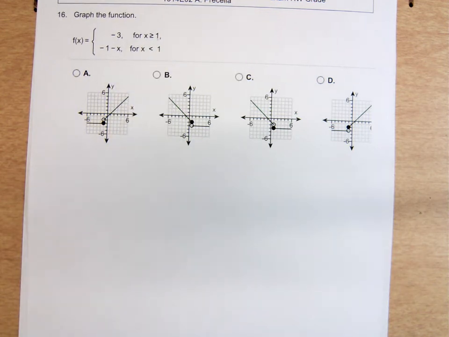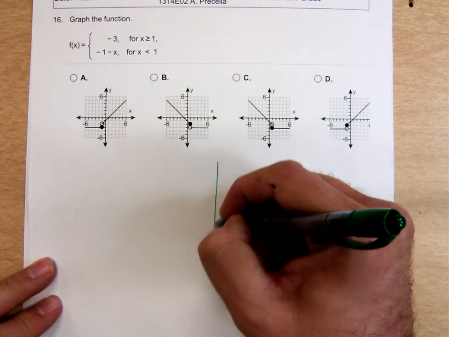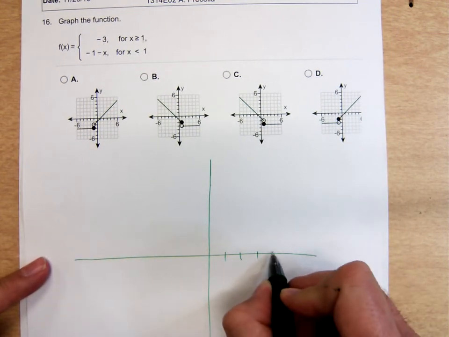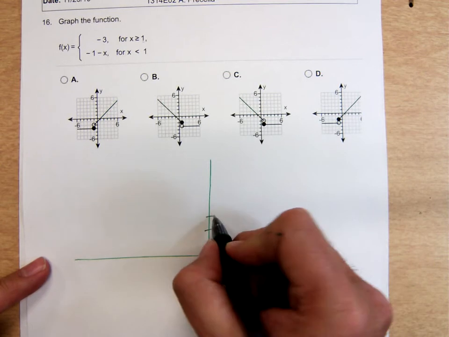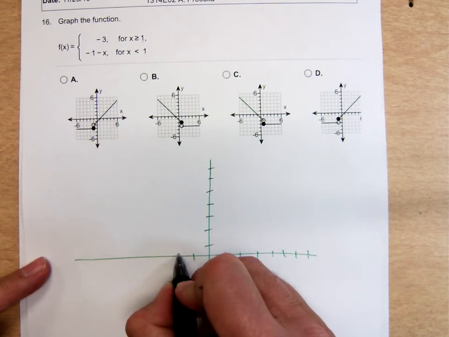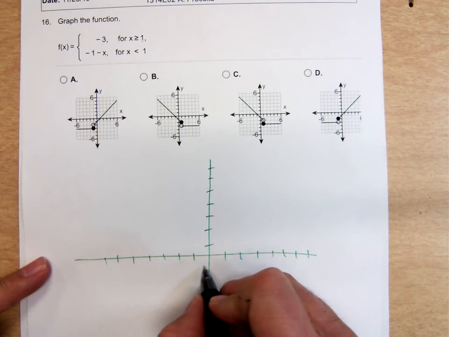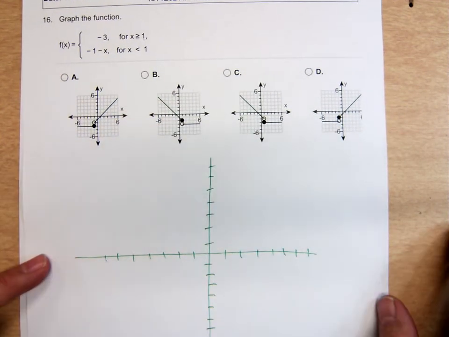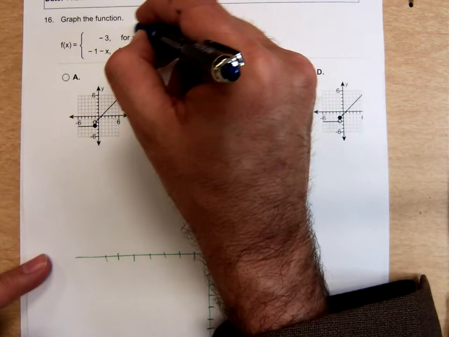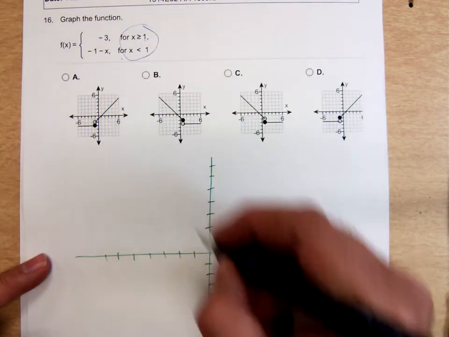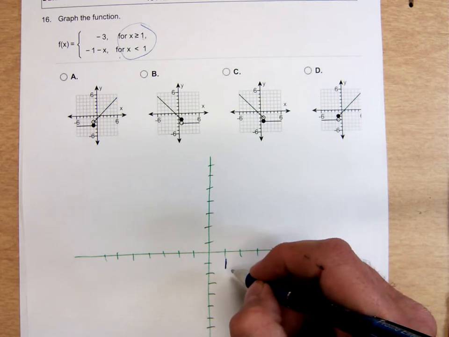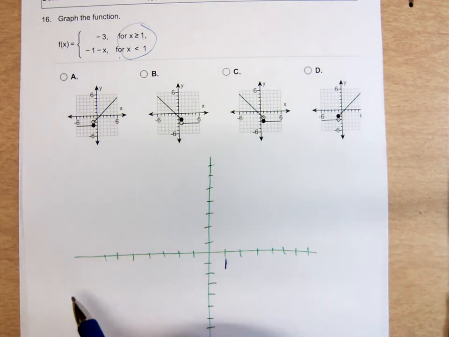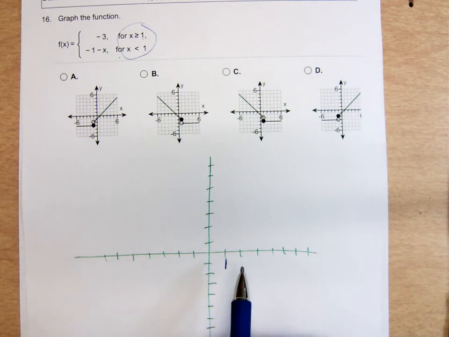So if we just picture a big graph, at the number 1, that's when we're changing from one rule to the other. Okay? So just knowing that, you can knock out some of these. The graphs are changing at the x value of 1.